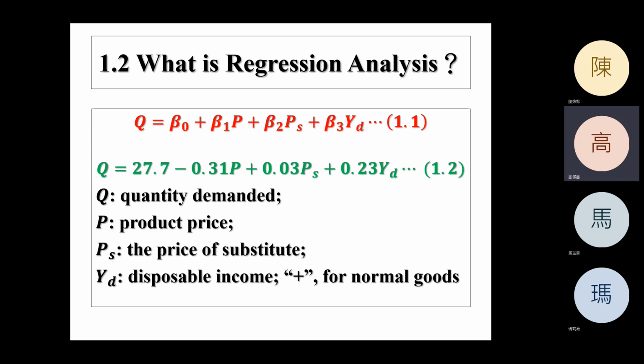So this is the definition of the slope, which is very, very important when we're talking about regression analysis. You need to know how to explain those numbers, because this is the important result of regression analysis. Not only the computer output, but also the interpretation of the output.